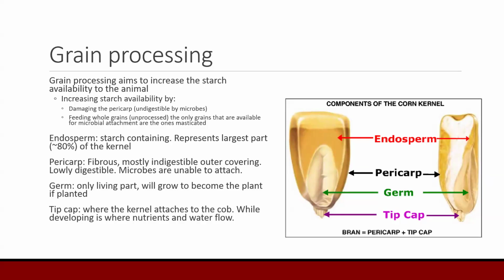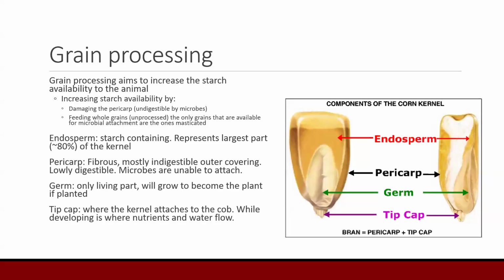The tip cap is where the kernel attaches to the cob, where nutrients flow from the plant through the cob into the grain. So it's also very highly fibrous. The bran is the pericarp and the tip cap. Sweet bran, which is a corn gluten feed, is composed of the pericarp and the tip cap.